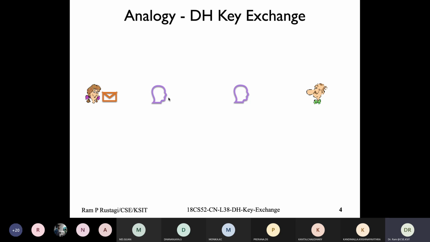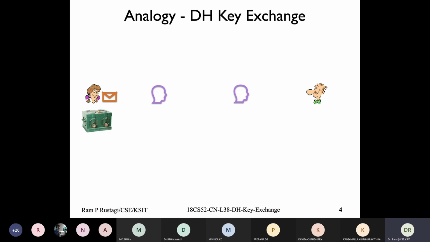And this information you will not find in a book. The animation I'm providing is so that you understand the whole concept behind Diffie-Hellman key exchange. What Alice does is take the key and put it in a box, and the box has provision for two locks. She can put one lock, and the other lock can be put by Bob.